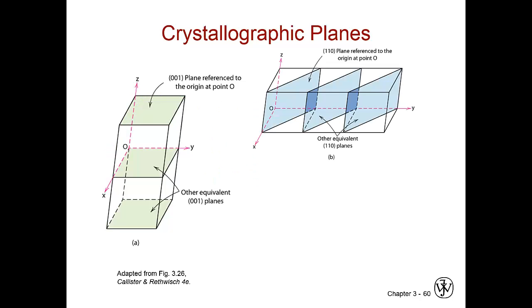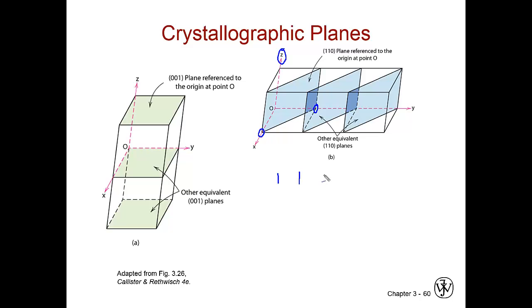Here we have a 110 plane. So how did we get this? Well, this plane, if you'll notice, intersects x at 1 and intersects y at 1. But it is parallel and never intersects the z-axis. So we will write this as the intercept of x is 1 and the intercept at y is 1.